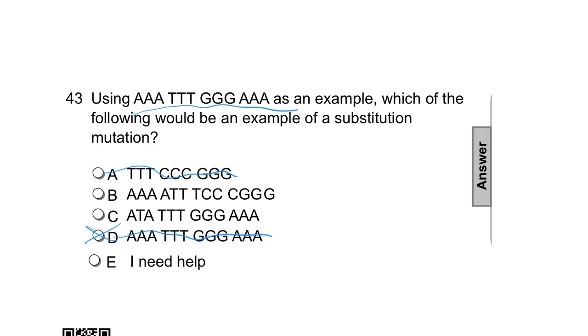So let's cross out A. Now, this one could have had a substitution or more, but it's not just a substitution. You have an extra. So that's an insertion. That's an additional. It's not a substitution. A whole new one has been jammed in. So it must be this one, because there's a substitution. Yeah, there's only one thing that got substituted, and that would be the A right here with a T.